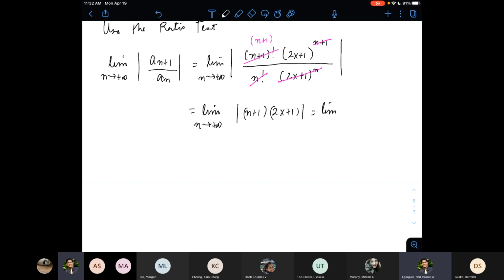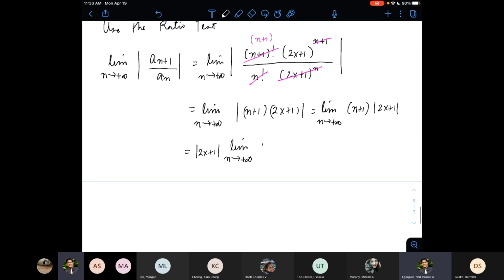Remember properties of absolute values. This n plus 1 is always positive, so it can come out of the absolute value. Then we'll have the absolute value of 2x plus 1 times the limit as n approaches infinity of n plus 1. The absolute value of 2x plus 1 is independent of n, so it will come out of the limit.